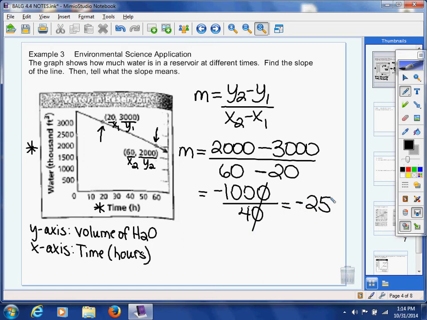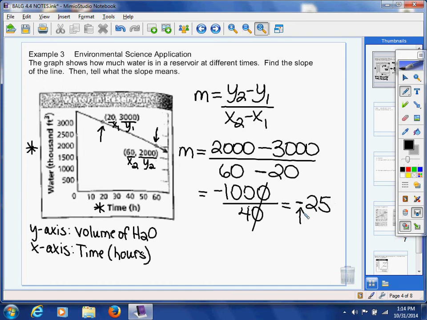And it is negative. Now I do want to just point out for just a second, do you see how the line is leaning left? What kind of correlation is that? Yes, if you said negative correlation, you are correct. Well, if it has a negative correlation, it's going to have a negative slope. So that's why it should be negative 25.